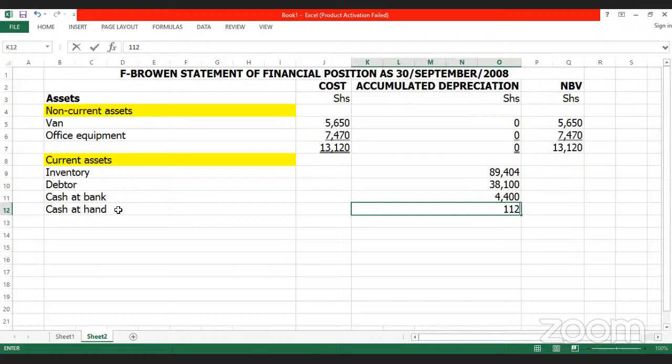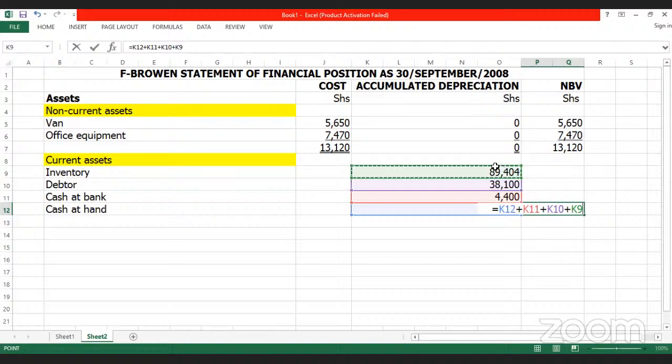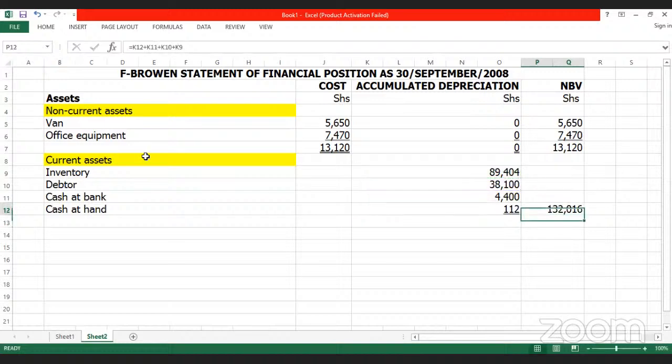So those are the non-current assets, and those are the current assets which we have for now. What we have to do is add them and take the output of the last column. So it is this plus the cash at bank, the debtors, plus the inventory, and that gives us 132,016.